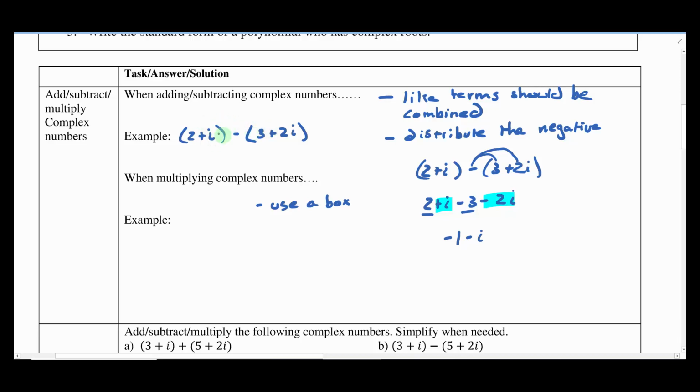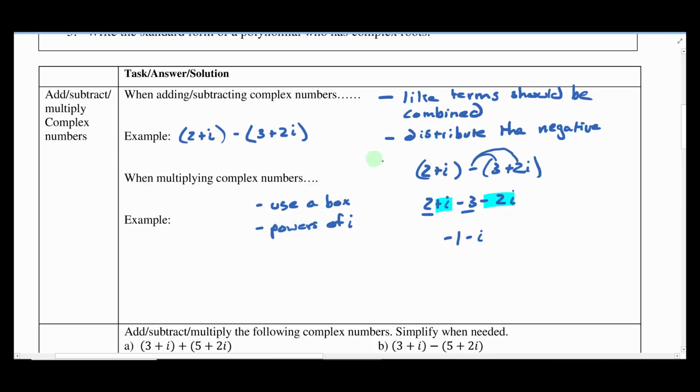These are kind of hard to multiply straight out, so the box really helps. The last thing you want to make sure you tend to are the powers of i, because when we multiply, sometimes the power of a complex number can be increased, and when that happens, we need to simplify using what we know about the powers of i.